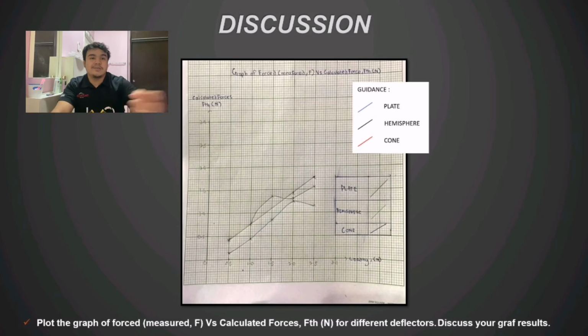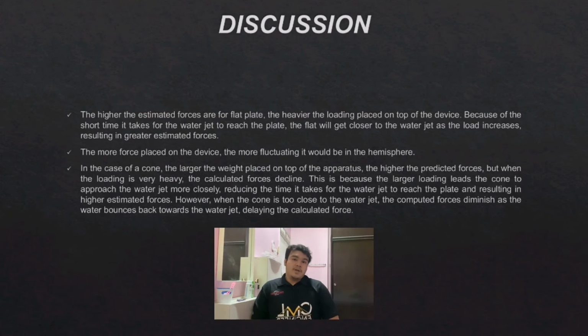For the next discussion, the higher the estimated forces are for the flat plate, the heavier the loading placed on top of the device. Because of the short time it takes for the water jet to reach the plate, the plate will get closer to the water jet as the load increases, resulting in greater estimated forces.